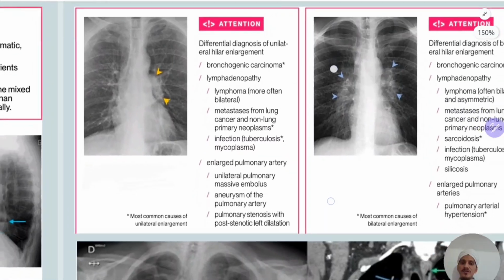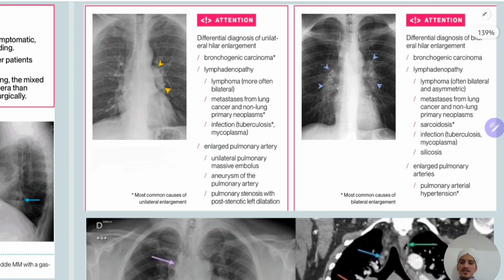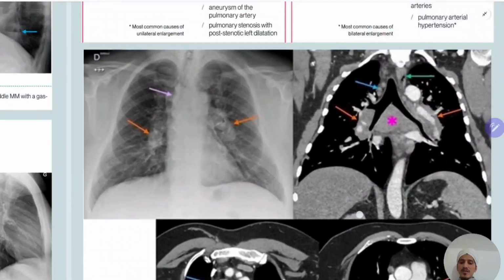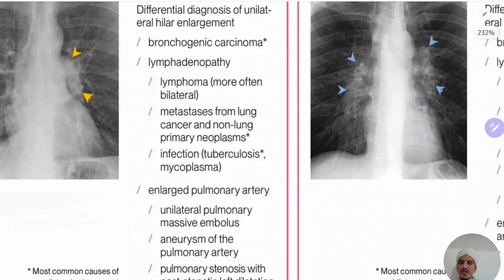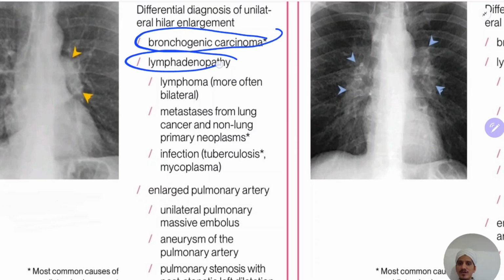So that was about the mediastinal masses. Now we will learn about hilar enlargement. First, the differential diagnosis of unilateral hilar enlargement. Number one is lung carcinoma. Number two is lymphadenopathy, which can be due to infection, inflammation, or increased proliferation, that is malignancy.